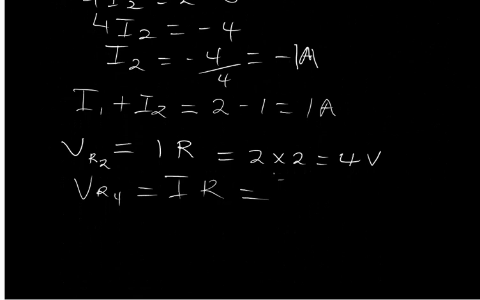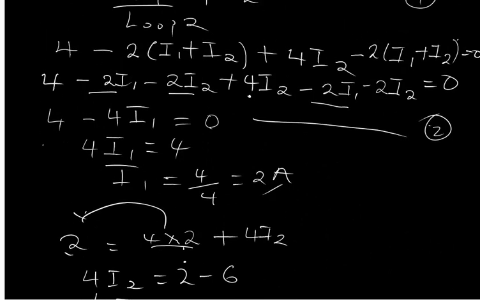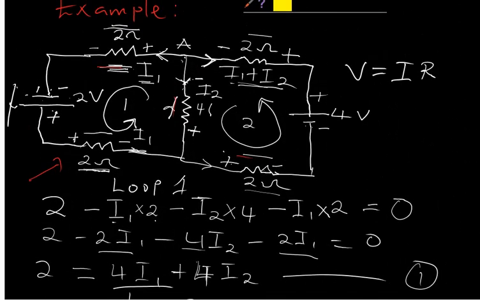So that's going to be minus 1 times 4, which is minus 4 volts. That is basically how you apply Kirchhoff's law, so you can equally get the voltage of the other circuit elements.